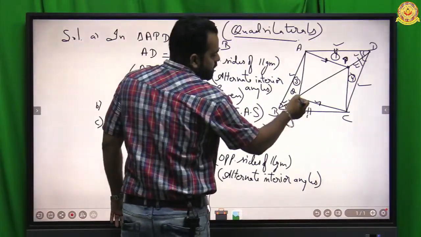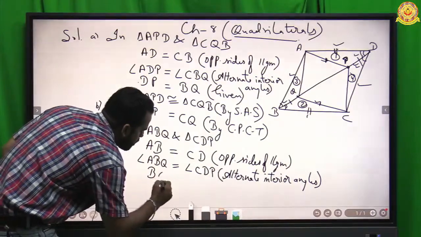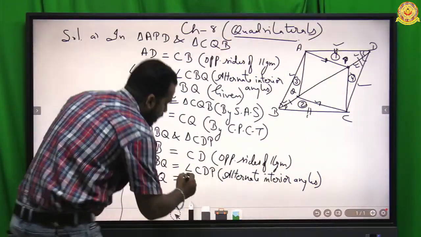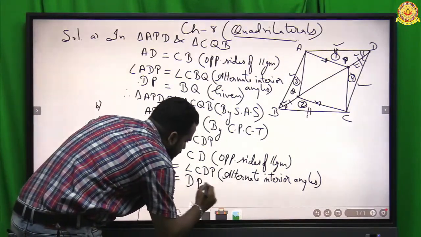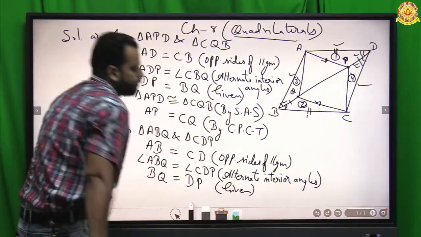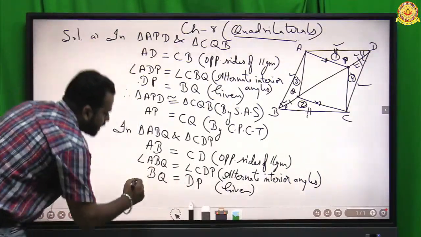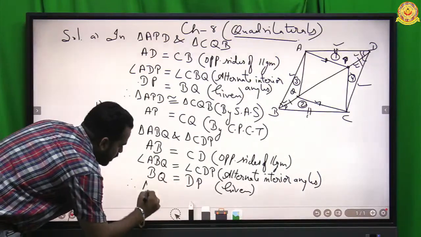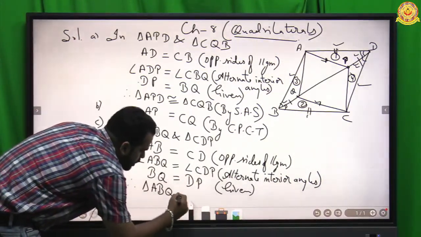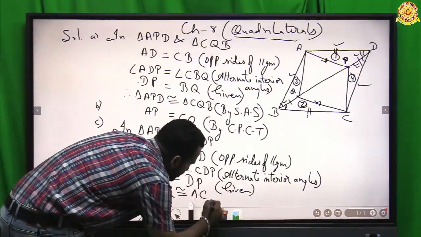So BQ is a part of this triangle, so we can write here, BQ is equal to DP, because it is given in the question. Alright, now the three components are equal, so therefore we can say that triangle ABQ is congruent to triangle CDP.